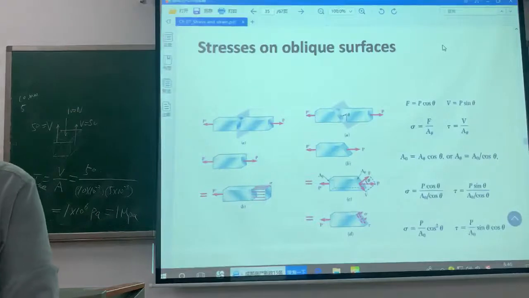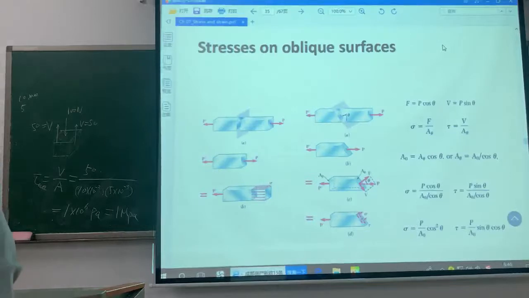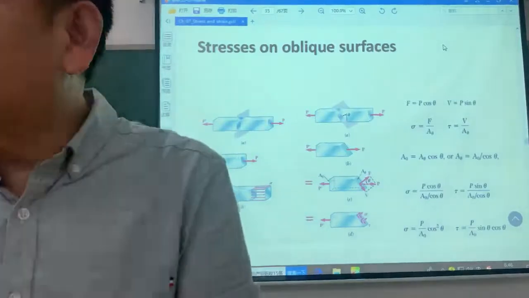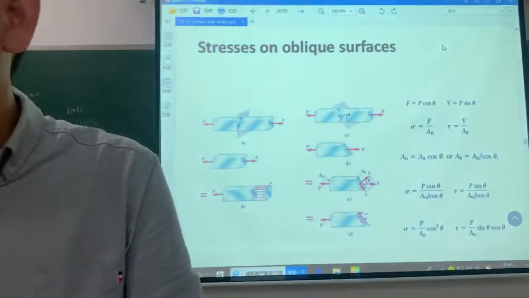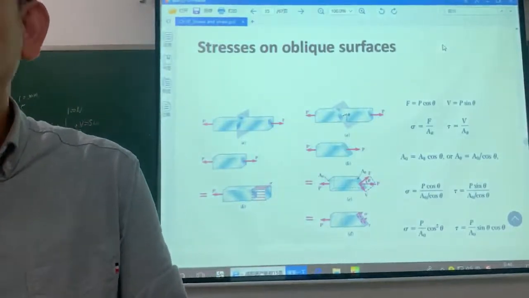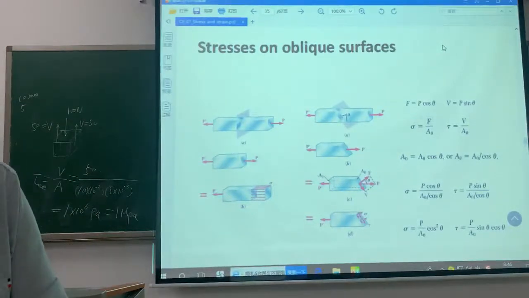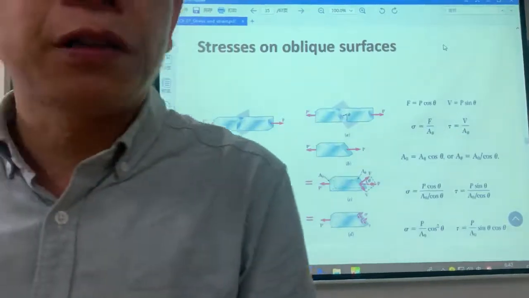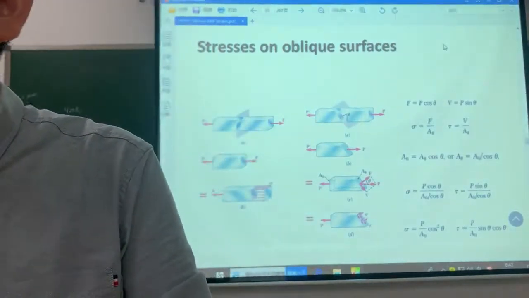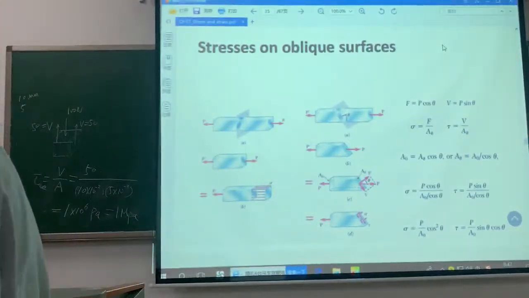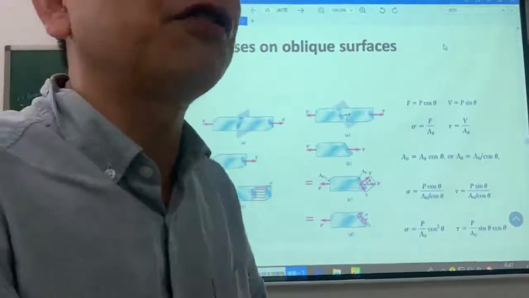When chalk breaks, it's because of normal stress. They are different. Different materials break for different reasons. Some are because of shear stress, some because of normal stress.